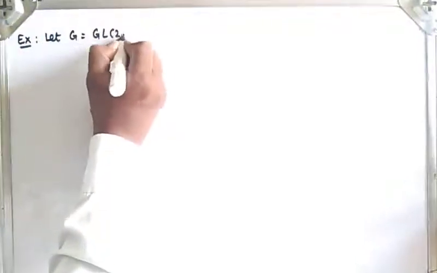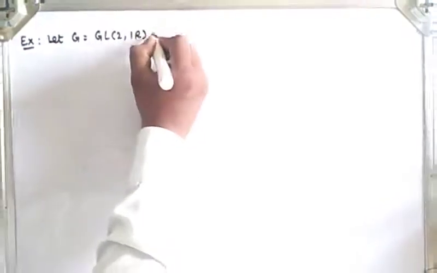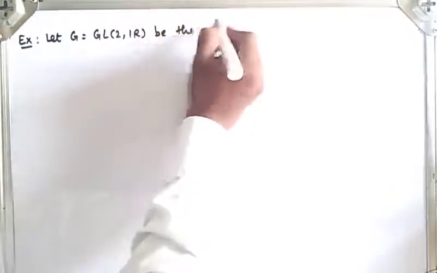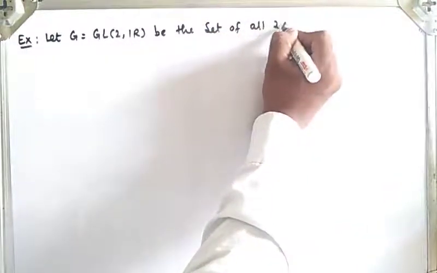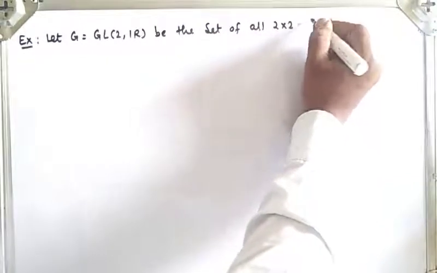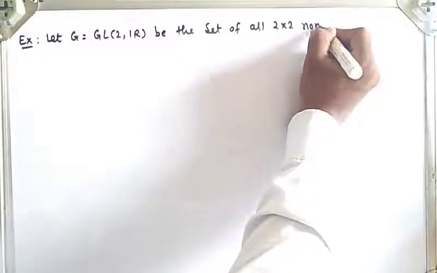Let's see another example. Let G, the general linear group of all 2 by 2 matrices over the entries R, be the set of all 2 by 2 non-singular matrices.